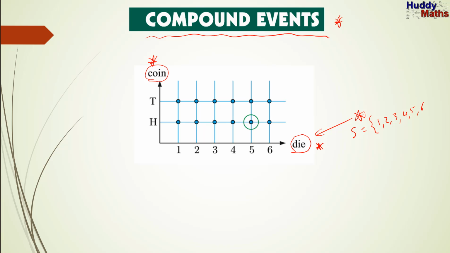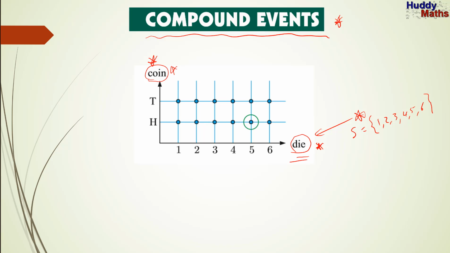Okay, so there are many outcomes for even simple experiments. But a compound experiment is where there's more than one operation happening as part of the experiment. So here we've got two things happening: a die is being rolled and a coin is being tossed. And so this lattice is one way of working out what the sample space is.